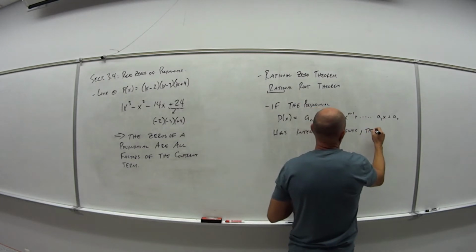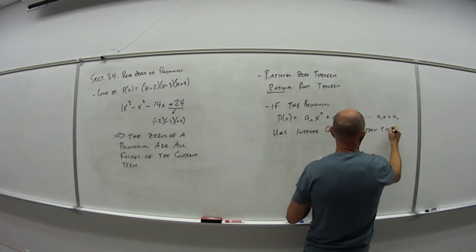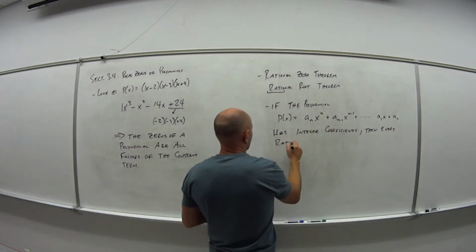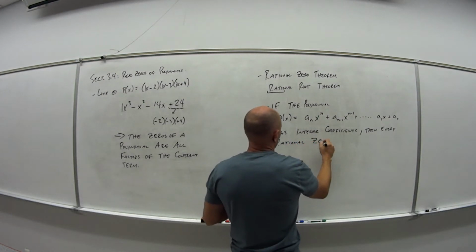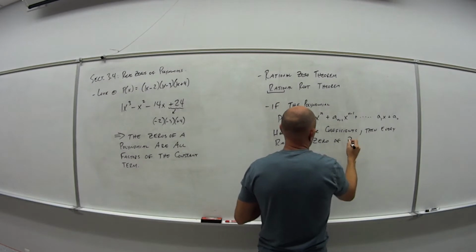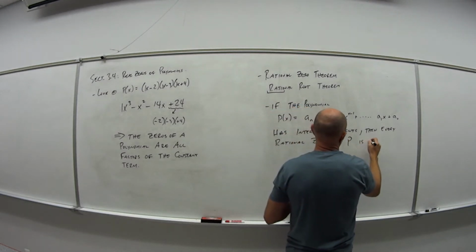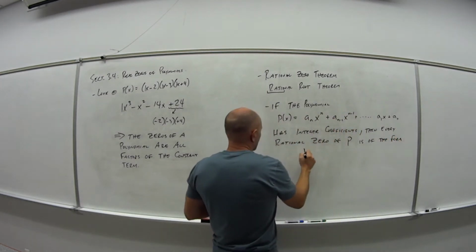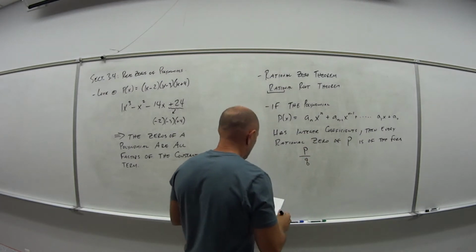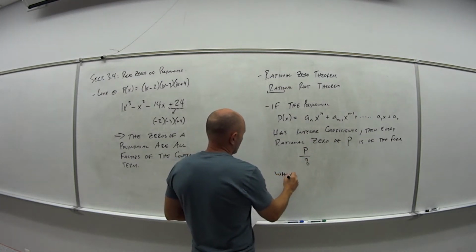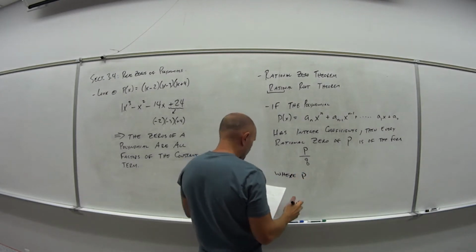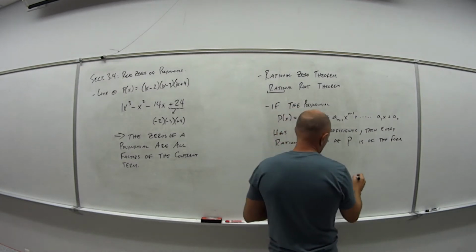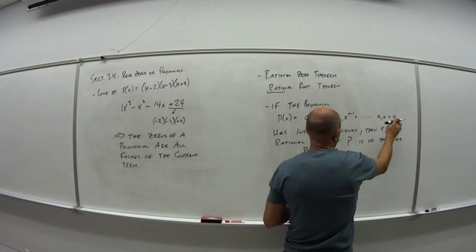then every rational zero of p is of the form p over q, where p is a factor of a sub 0, our constant term.